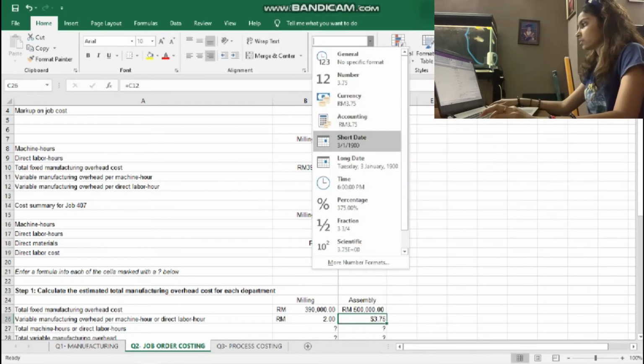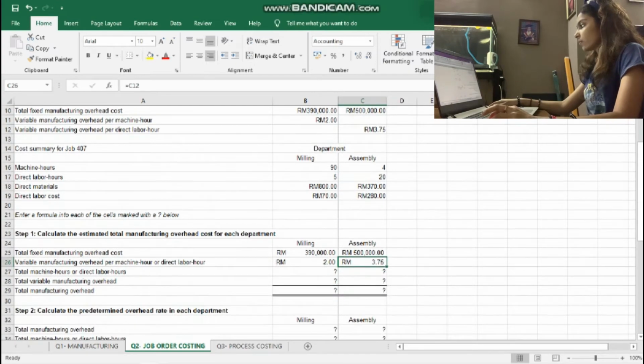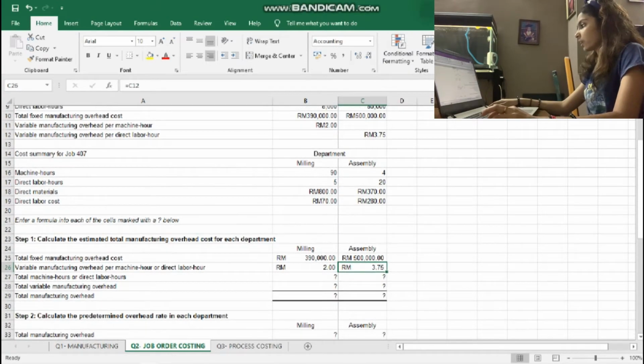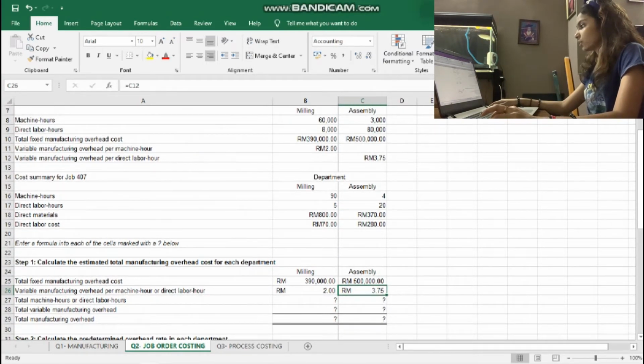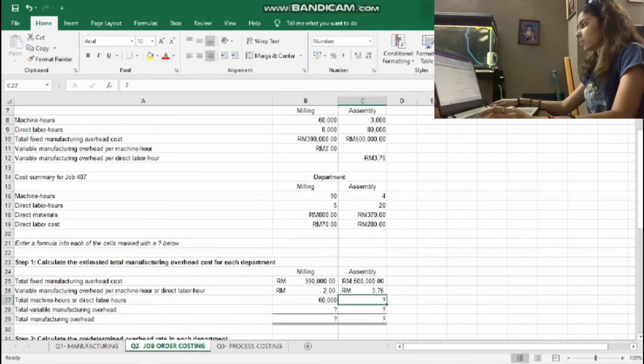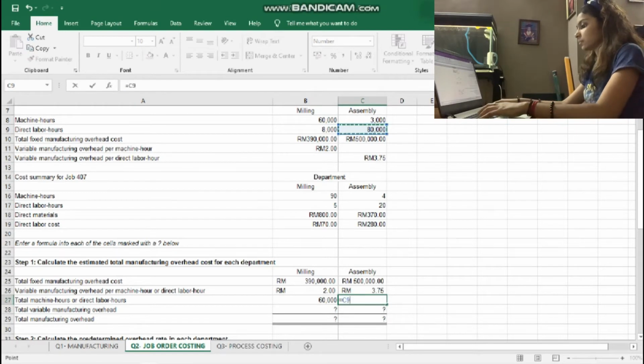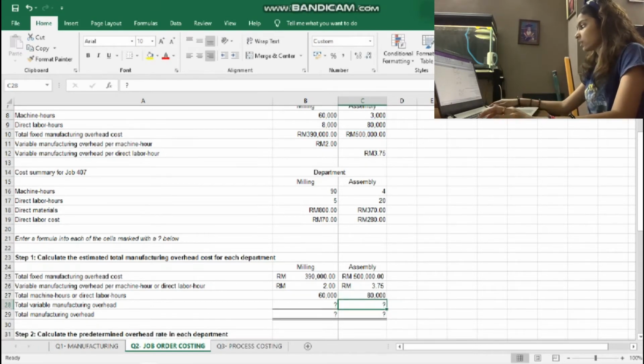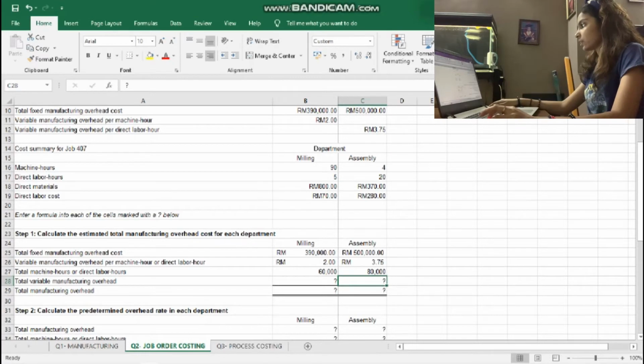And then total machine hours or direct labor hours. So for milling is 60,000 and for assembly is 80,000.